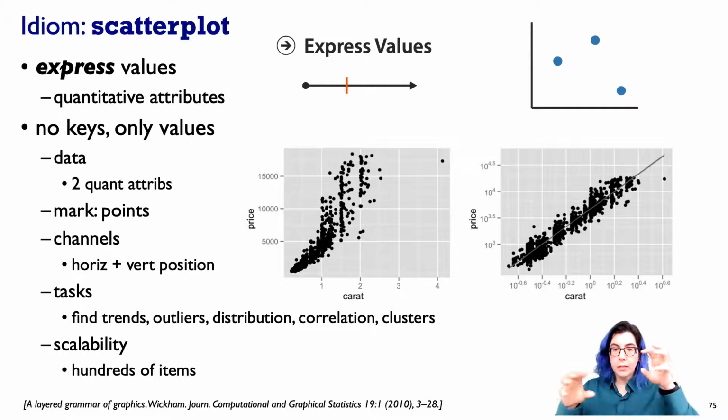They're also good for finding clusters. For scalability, hundreds of items could be seen. And for scalability, we're always going to think of having a canonical size of 1,000 by 1,000 pixels. So if you had the entire screen, what kind of scalability would you get? For scatter plots, let's say certainly hundreds of items would be possible with a display of that size.